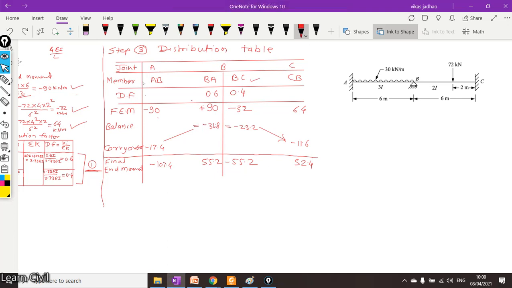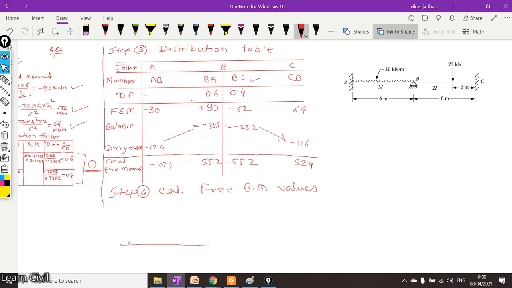Next, step number 4 is to calculate the free bending moment values. To calculate them, consider each span as a separate span.